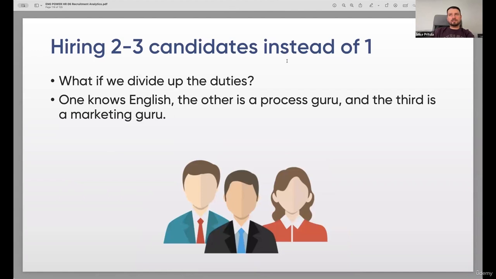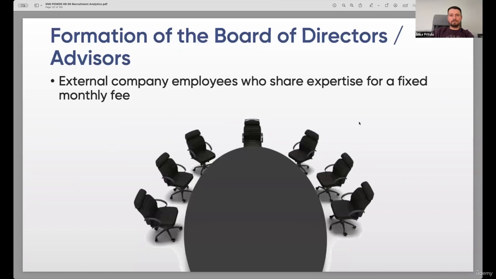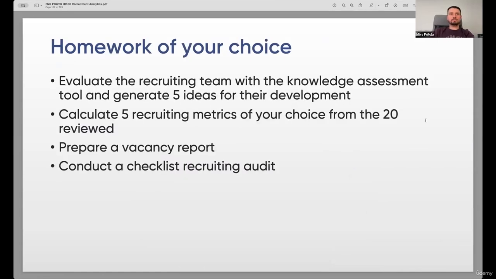Hiring two or three candidates instead of one: sometimes we have so many requirements that they couldn't be put into one single person, and it's better to find several persons instead. Hire and send to a university and to a modern class or program. Form a board of directors or advisors so as to have these competencies in the company.